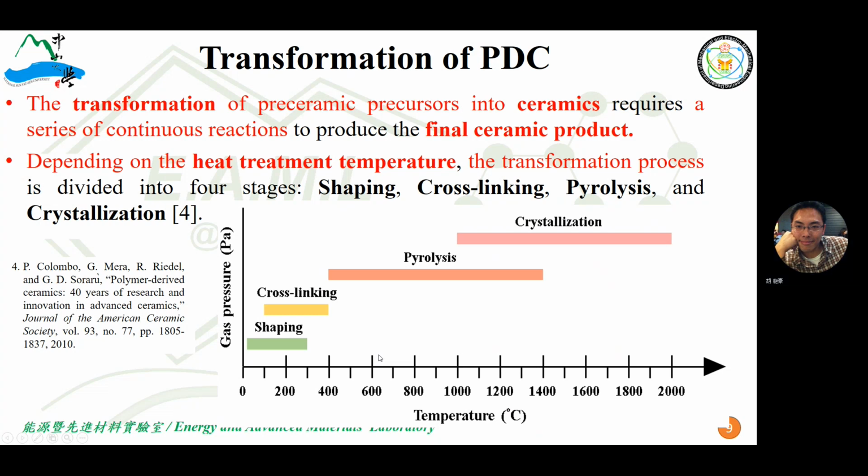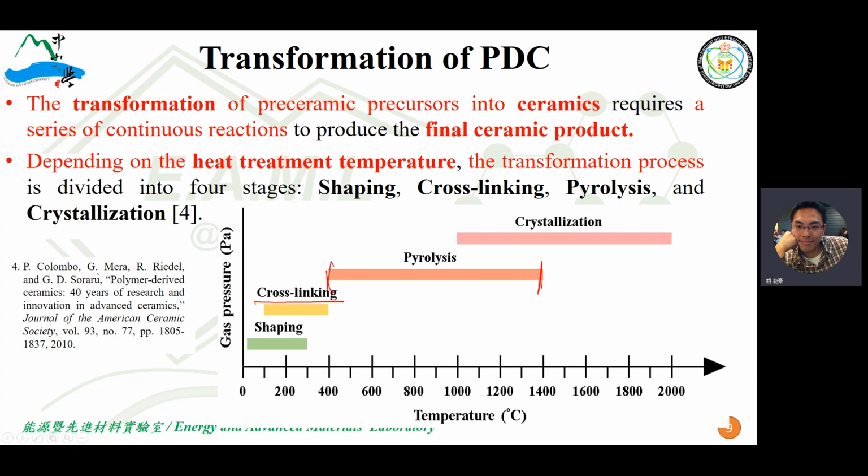temperature. If you want to facilitate the cross-linking process, you can heat treat it at an elevated temperature of a few hundred Celsius, maybe below 400 Celsius. That's the cross-linking temperature. When the heat treatment temperature is higher than 400 Celsius or even higher, the process becomes pyrolysis, from a few hundred to 1400 Celsius.